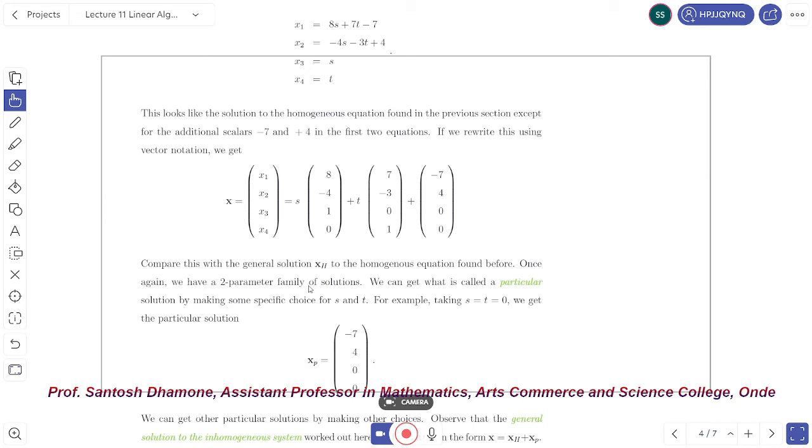This is the observation from these two lectures. Using this, we have a theorem.